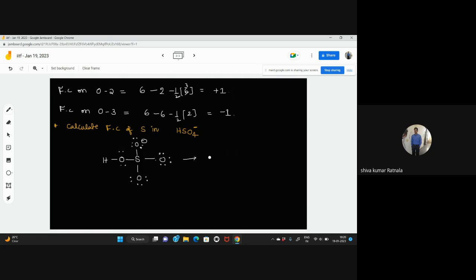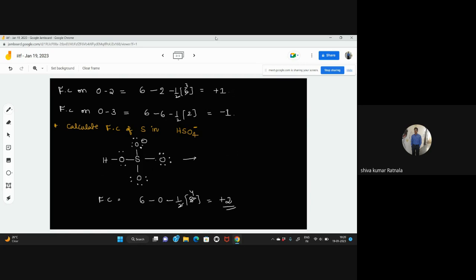So the octet number. Formal charge equals sulfur valence electrons, 6, minus lone pair of 4, minus half into bond pairs, 1, 2, 3, 4, that is 8. So 4, minus 4 is 6... it will be 6 minus 4 minus 2, means plus 2.